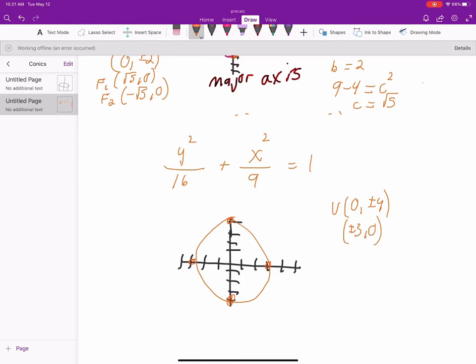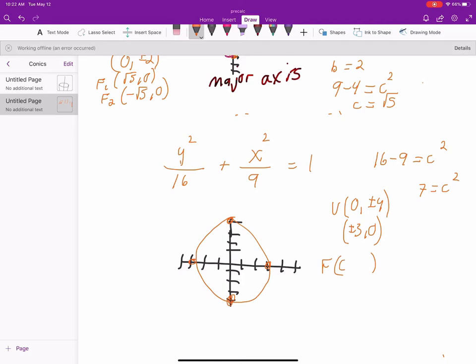Now I need to find my foci. Remember, I'm going to take a squared minus b squared. So I'm going to go 16 minus 9 is equal to c squared. 16 minus 9 is 7. So I get 7 equals c squared. My focus points are going to be along the major axis. That's the long axis.